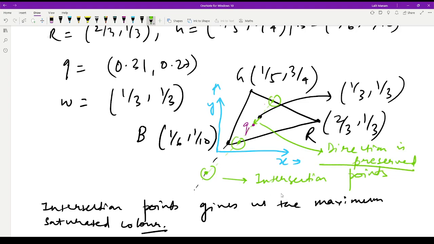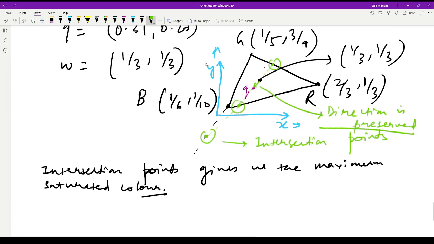Okay. So what do we need to do? Since we know some projective geometry concepts, we'll try to find the corresponding lines. I'll just copy it from my notes. So how will we get BG first?